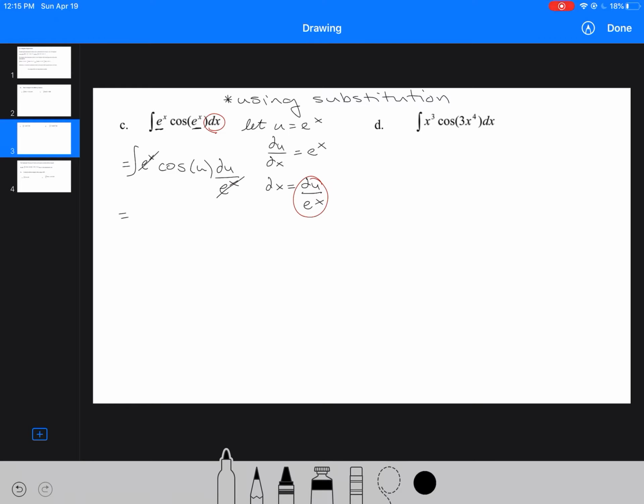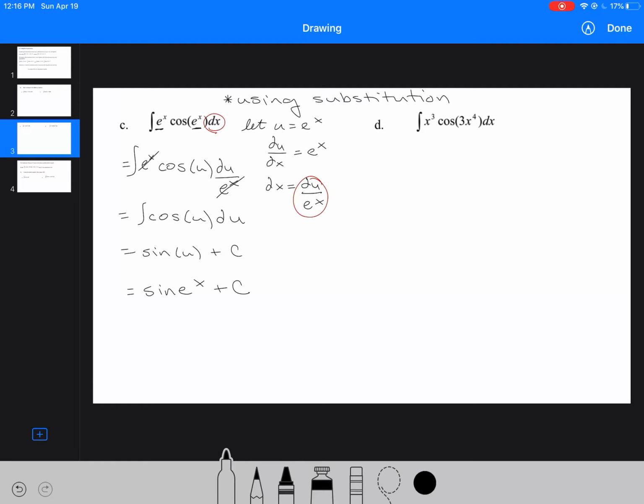I'm going to cross those out. Now I've got the integral of cos u du, and that's easy because I know that the integral of cosine is sine, plus c. And then I'm going to resubstitute my original function, and that gives me my final answer.